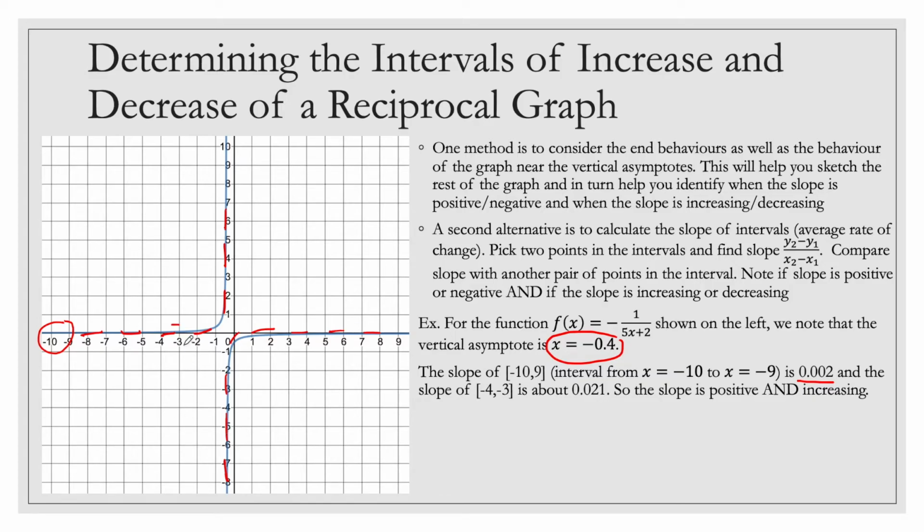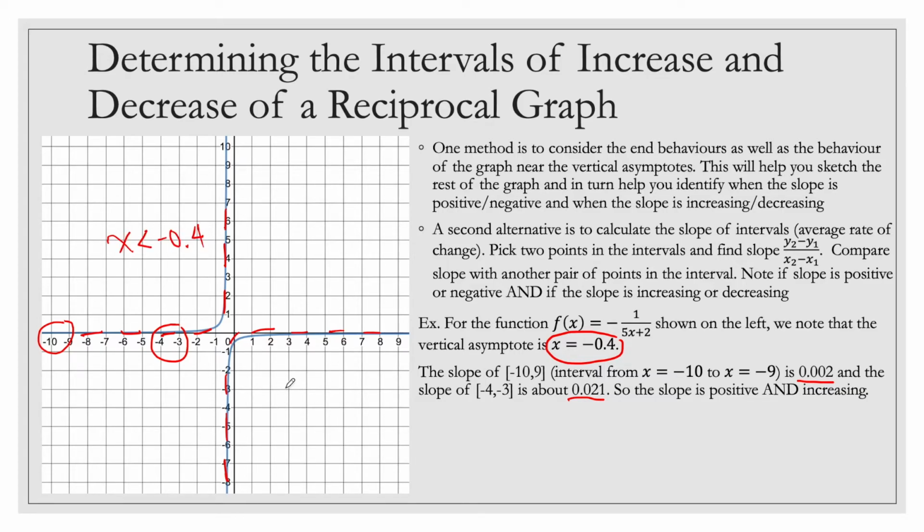Next, we'll compare it with the slope of negative 4 to negative 3. The slope of the interval negative 4 to negative 3 is 0.021. So we can see here that the slope is positive and increasing in this interval when x is less than negative 0.4.